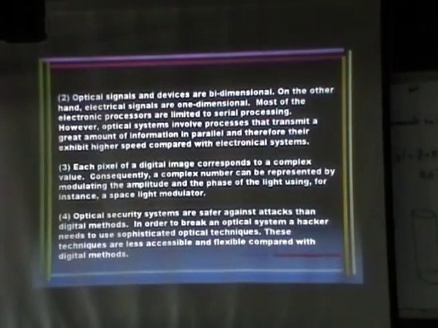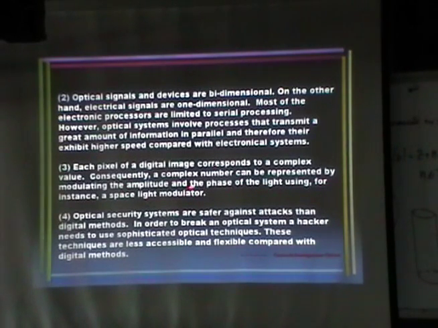This is the difference when you store the phase of the light. Okay. Well, other properties, of course, are that these optical systems are bidimensional. Each pixel in a digital approach corresponds to a complex value. Consequently, you need a complex number to fully represent it.